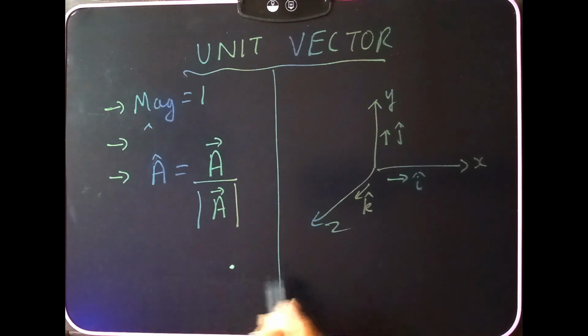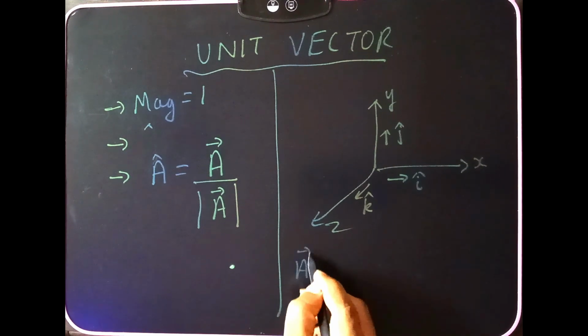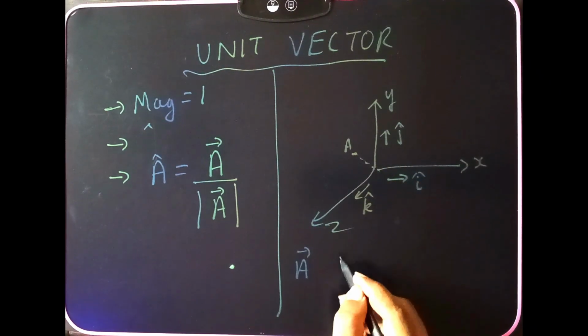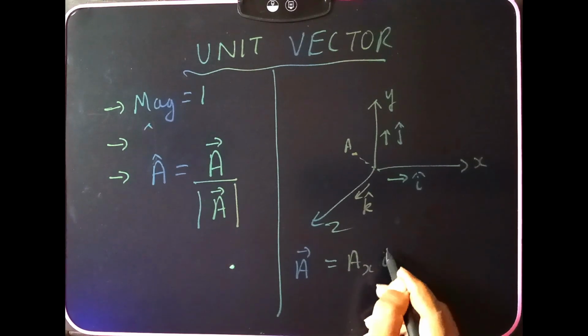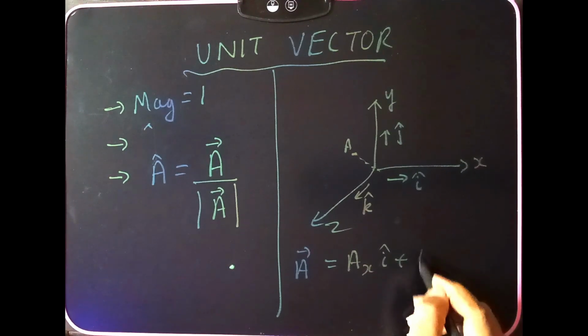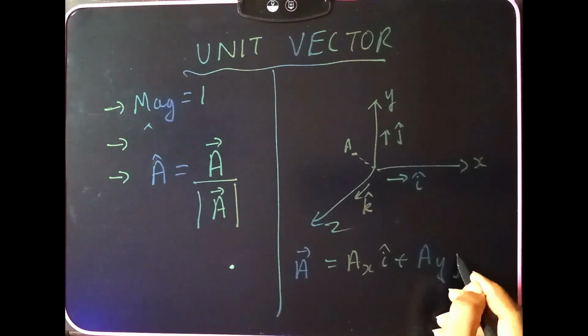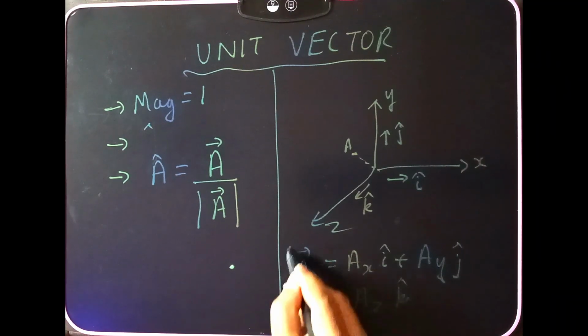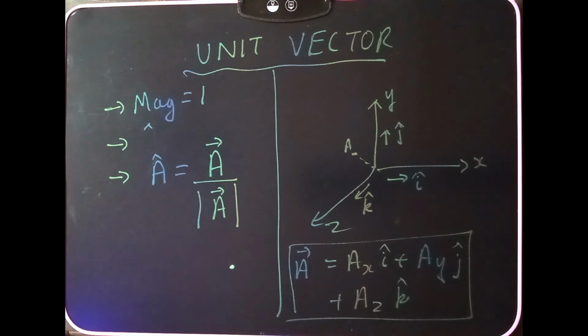So if we have a vector A, it is denoted in unit vector form as Ax i cap plus Ay j cap plus Az k cap. So this is all we studied about unit vectors.